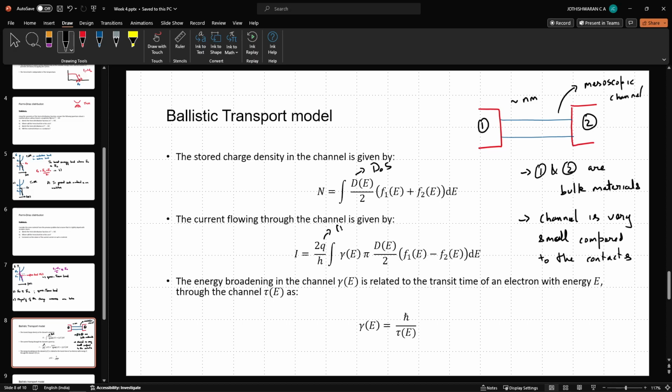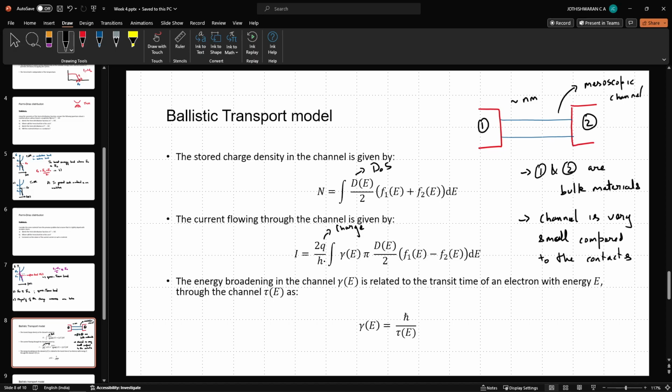where q is the charge unit. We are not using small e because sometimes we take exponentials, so there we use e. In order to avoid any redundancies, we are using q for the charge. This is approximately 1.6 into 10 to the power minus 19 coulomb, the fundamental charge.